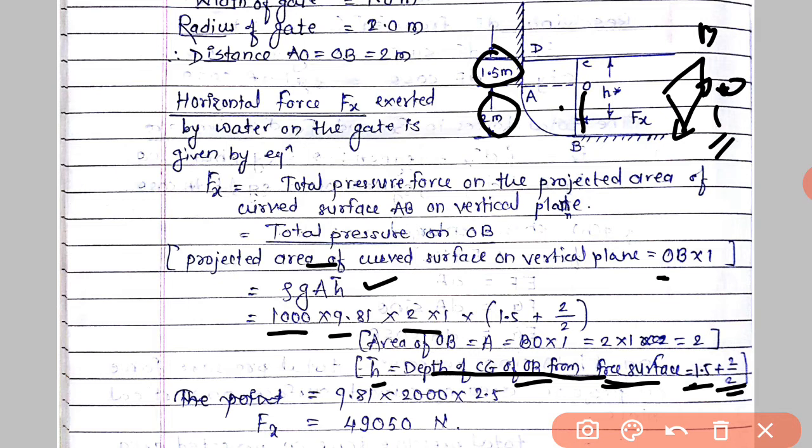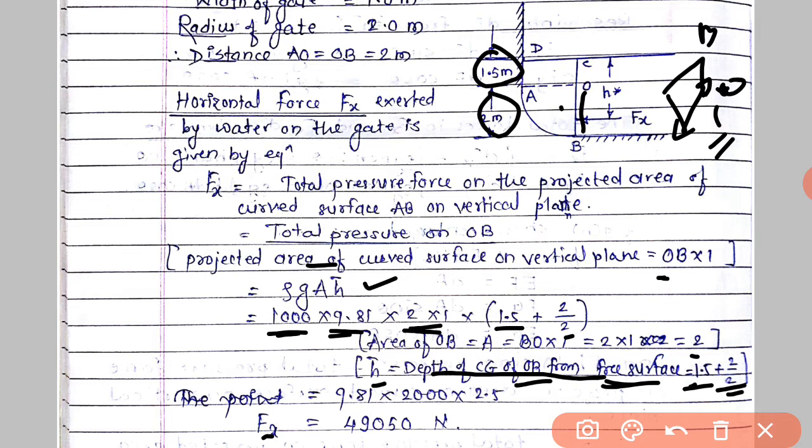This value comes as 2.5. Fx is equal to, put this value of h bar and area in the above equation. So this is the value of rho, this is the value of g, this is the area 2 into 1, and this is 1.5 plus 2 divided by 2, the value of h bar, that comes as 2.5.